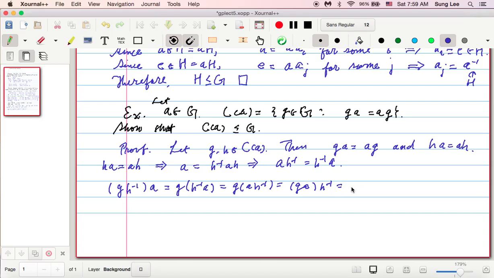Since G commutes with A, that's the same as AGH inverse, and by associative law again, that's A times GH inverse. So we just showed that GH inverse also commutes with A, so GH inverse belongs to C of A. Hence, C of A is a subgroup of G by one of the lemmas we talked about earlier.